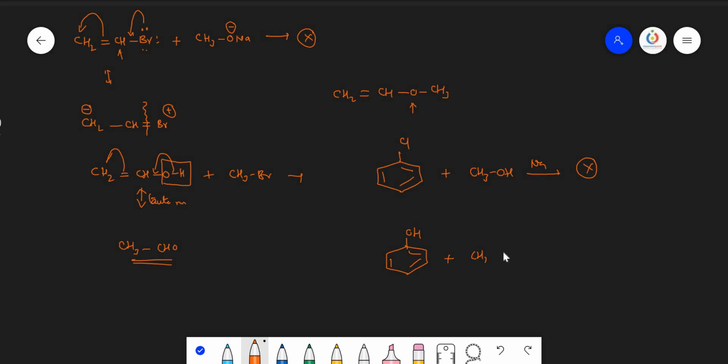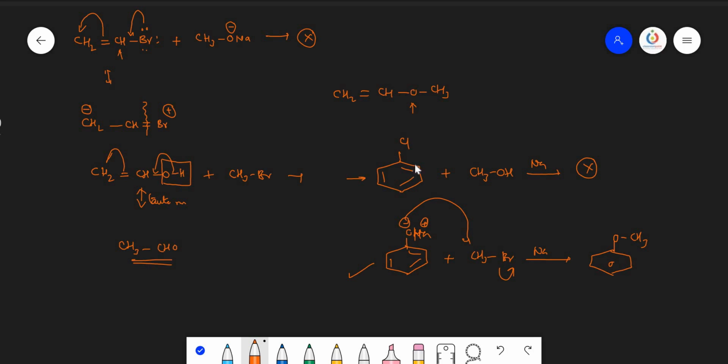We shall discuss the reason for this combination also, with sodium. So here you will get the sodium alkoxide after reaction with sodium. Here negative charge, here positive charge. It can easily attack over here, and bromine will be replaced, so that you will get methoxybenzene, that is anisole. Then why is this not possible in this case? Why is it possible in this case?